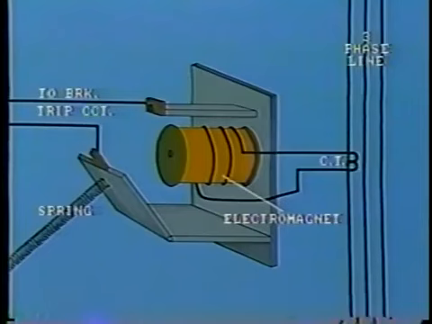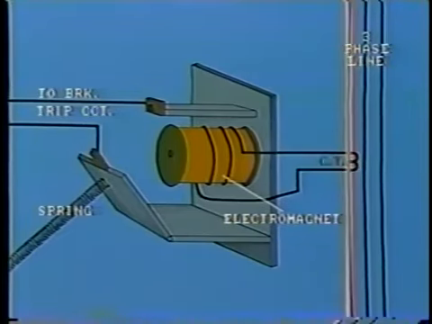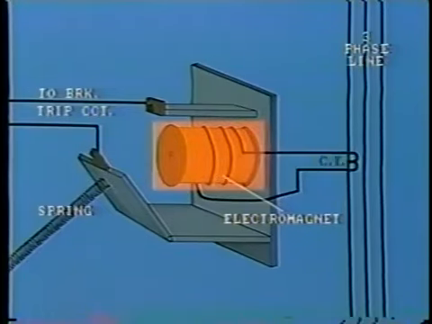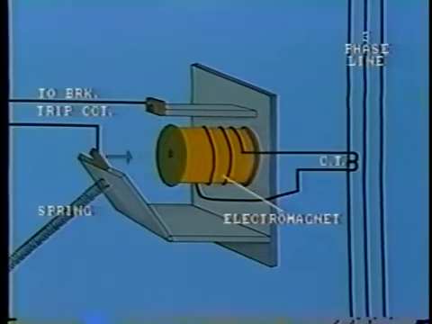Its principle of operation is extremely simple. The CT measures the current in the primary line, and the CT secondary passes this current through the coil of the electromagnet. The resulting magnetic force pulls the hinged armature, that is, the clapper, against a restraining spring.